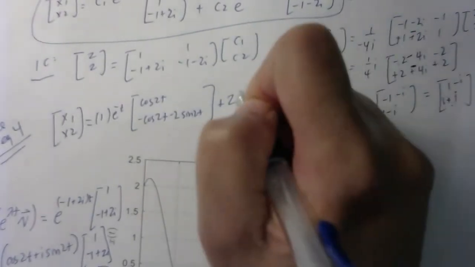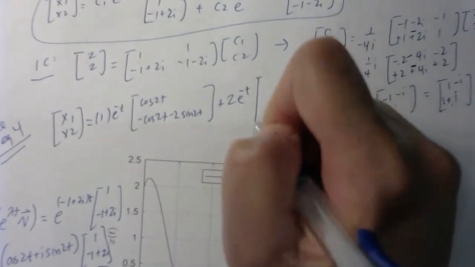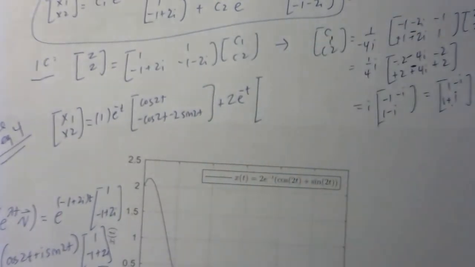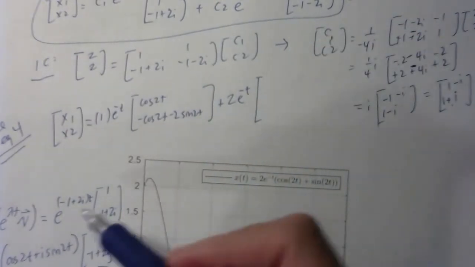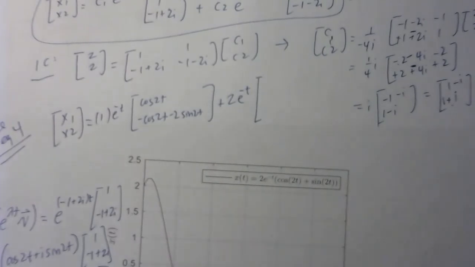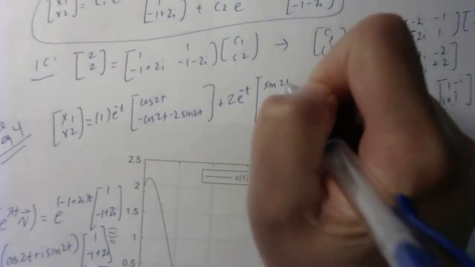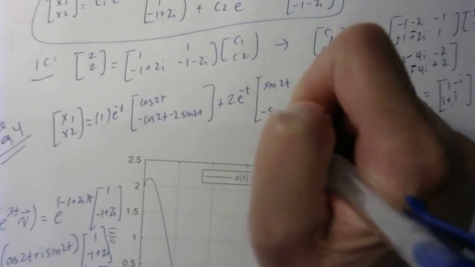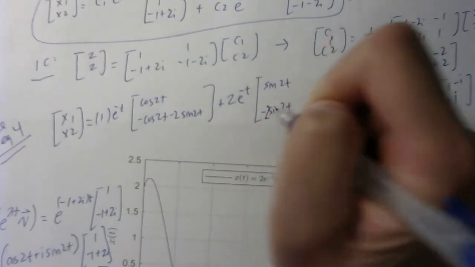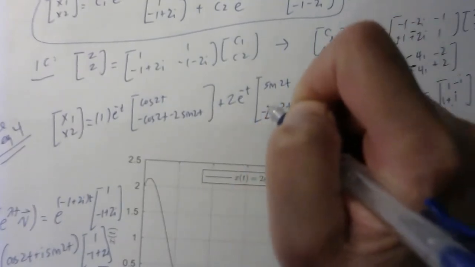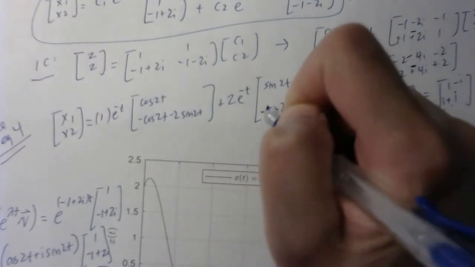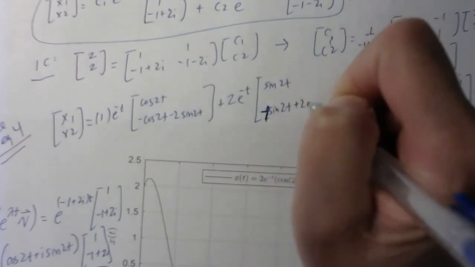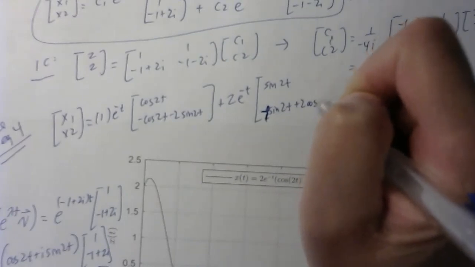2 e to the minus t times the imaginary part of this equation down here. So sine 2t minus, no, just minus sine 2t plus 2 cos 2t.